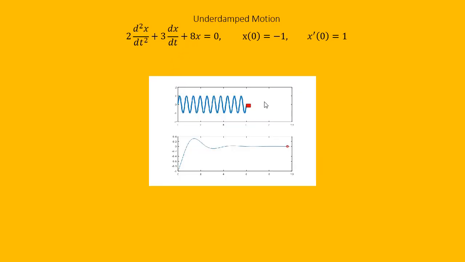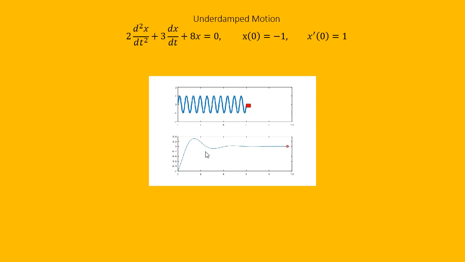Okay, so we're going to look at an animation showing underdamped motion of this system. In this top illustration, we have the spring, the mass hooked to the spring, and at 0 we have the wall where the spring is attached. In this animation, we'll see what the motion of this system looks like.